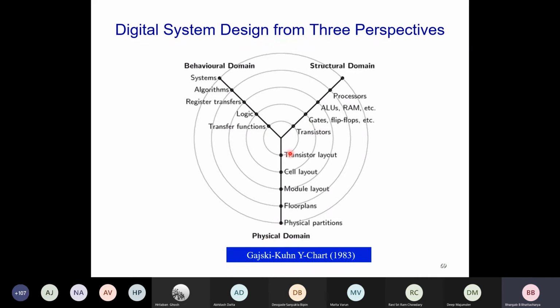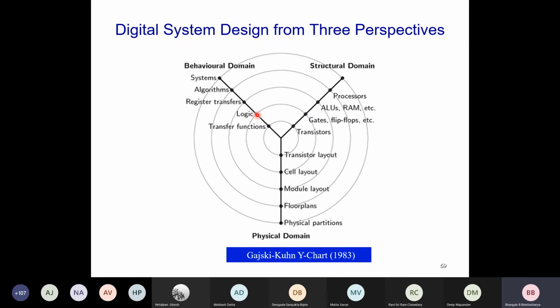And you see some concentric circles. Look at this circle here. This node is logic, this is gate, and this is cell layout. The entities which lie on the same circle represent the same thing, the same concept, but at different abstraction levels.